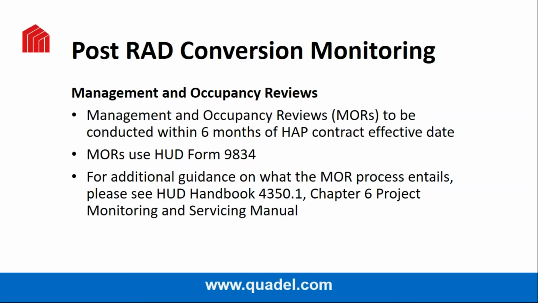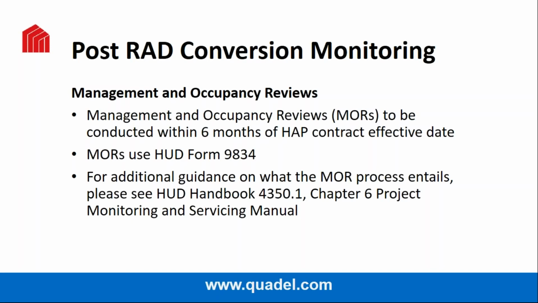And lastly, a summary report or report rating, along with any deficiencies, is included in this form. That's typically what's provided to the PHA or owner within 30 days after the on-site portion of the review.